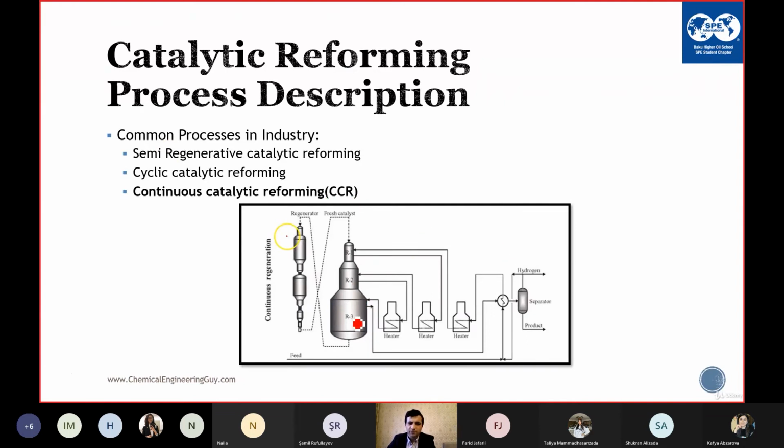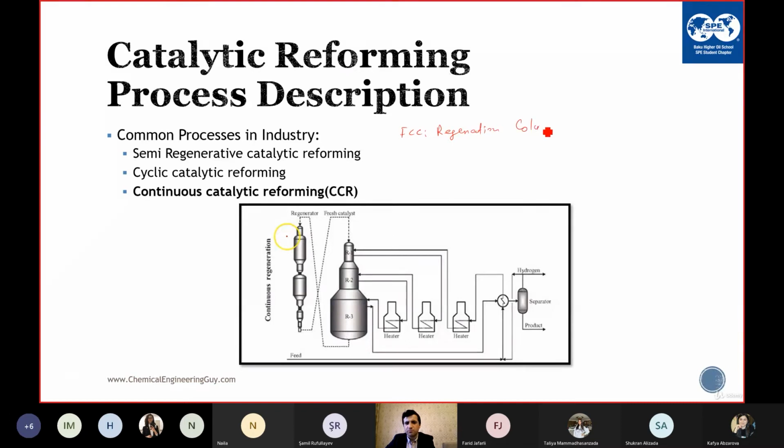As you can see, the catalyst is recirculated in between the regeneration section and the reaction section. These are the three reactors on top of each other. But it is essential to note that in FCC, we have one regeneration column.